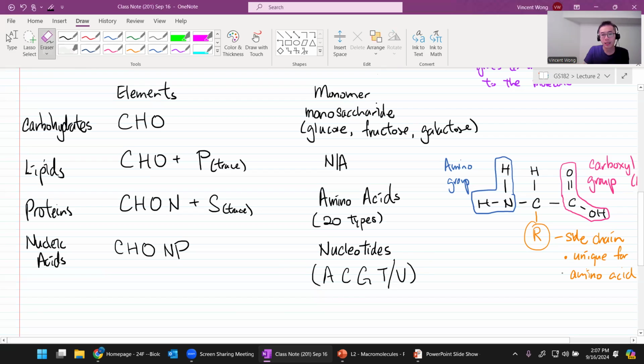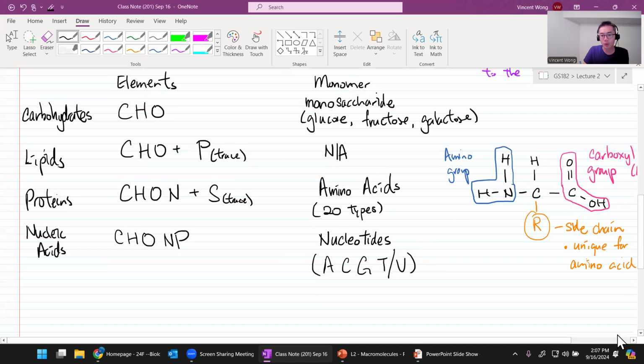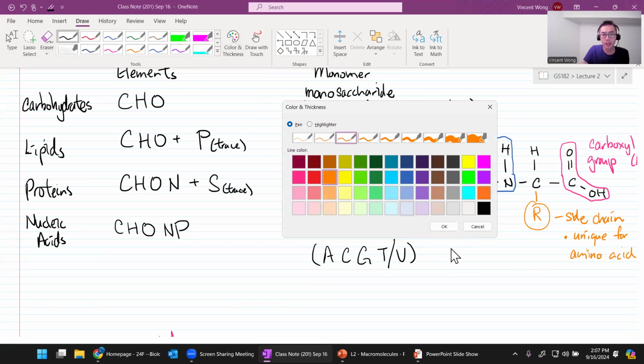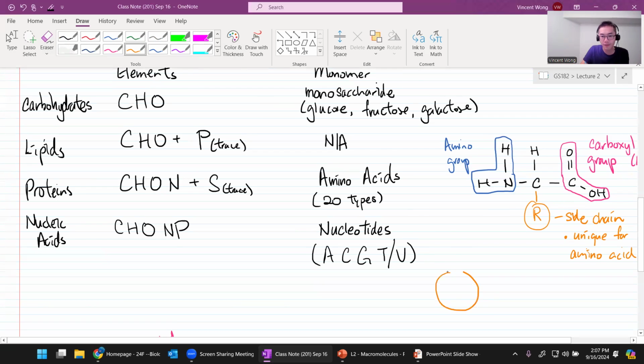So what is a nucleotide? This was the general structure of an amino acid. The general structure of a nucleotide goes like this. It has 3 parts. There is going to be a phosphate, the same phosphate as the one in phospholipid, PO4 3-.